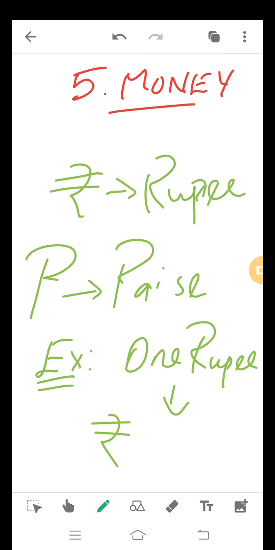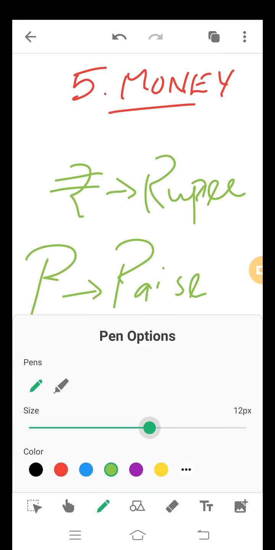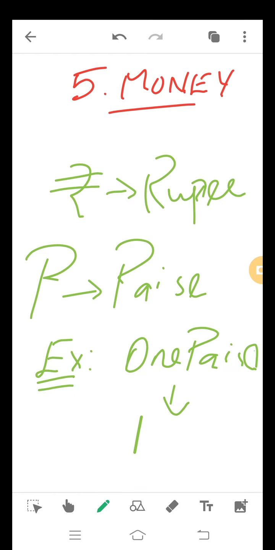Just mention the symbol of rupee and write 1, which means 1 rupee. So note number 2 is the symbol of rupee and paise. Now 1 paise. How will you mention it? I told you the symbol of paise is P. So 1 paise. That's enough. Let's go to the next part.